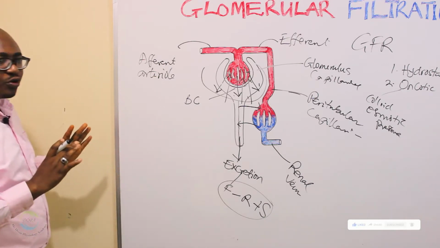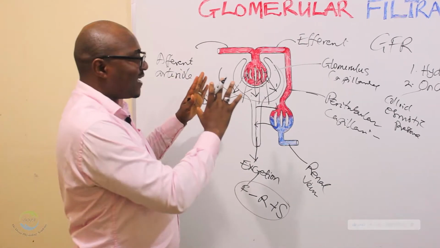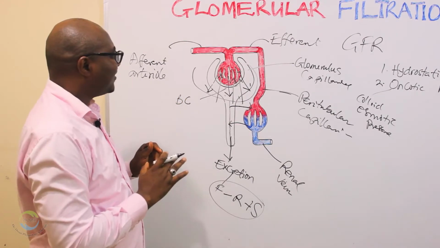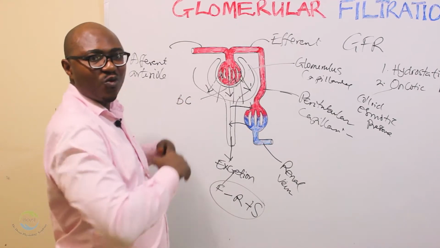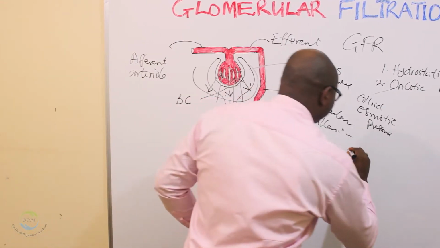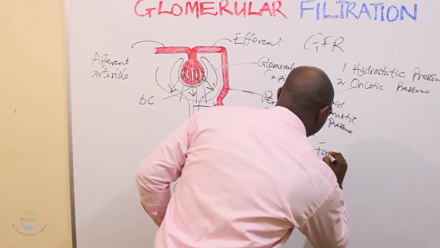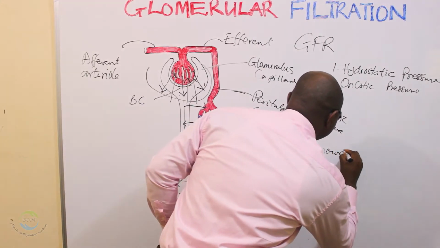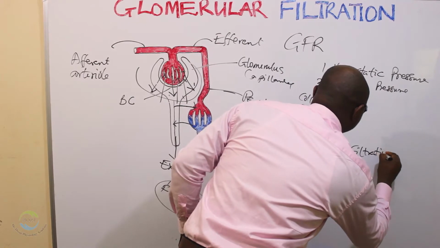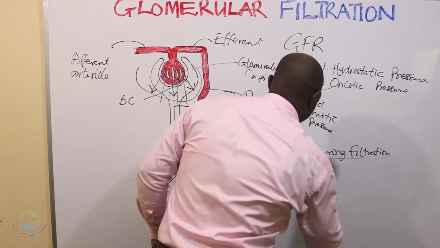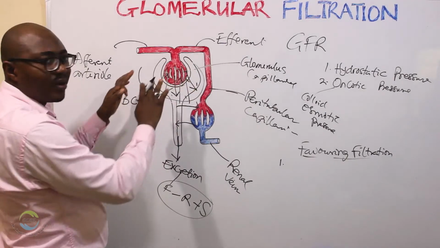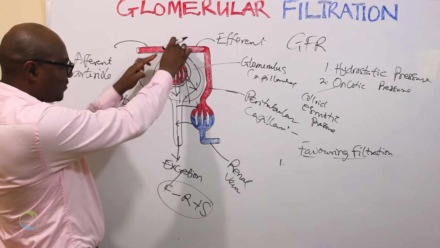Now we are going to group them into those factors that favor filtration, and the factors that oppose filtration. Okay? Number one, glomerular capillary hydrostatic pressure.